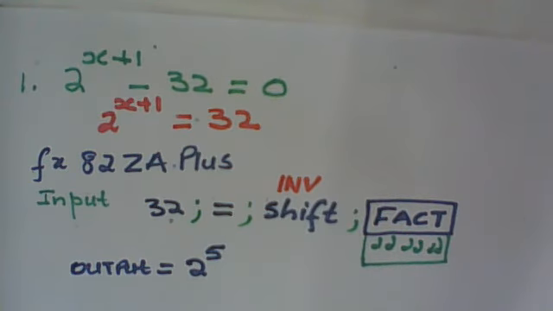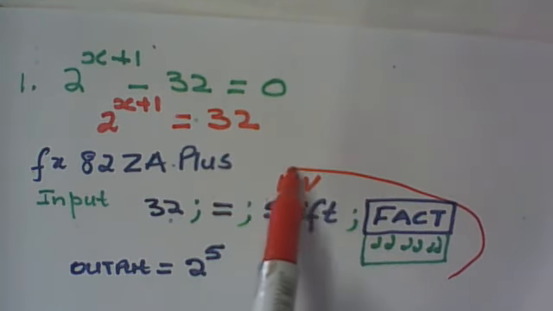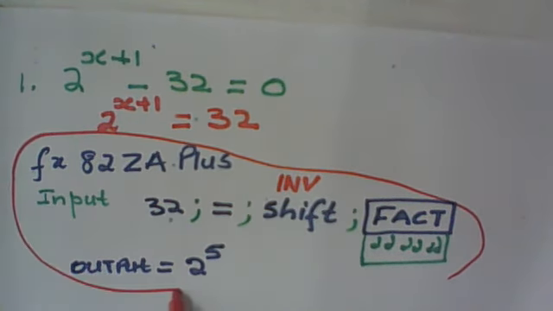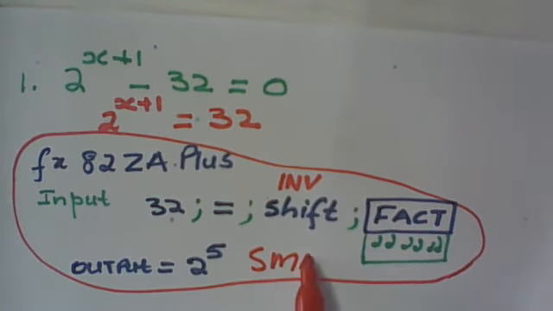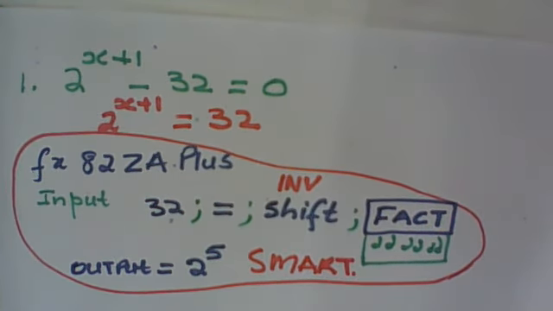I like this. This is for smart people. Smart. Yes. Because we're using smartphones, smart calculators. This is a smart calculator. So, guys, let's get back to our business.